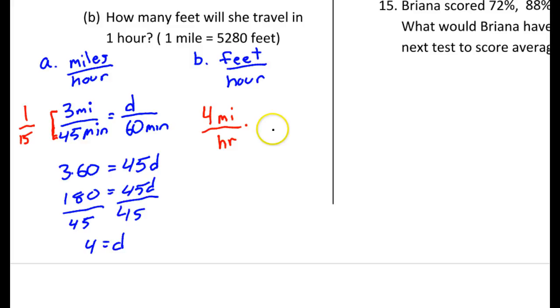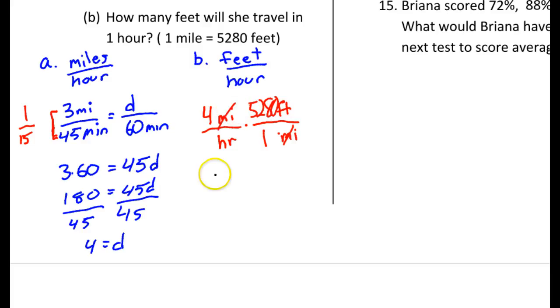Convert that to feet. Alright, so let's see here. If I want to convert this to feet, I need to cancel out my miles on top because I want to have feet, not miles for my distance. So I know miles should be on the bottom, feet on top. So 1 mile is 5,280. There you go.